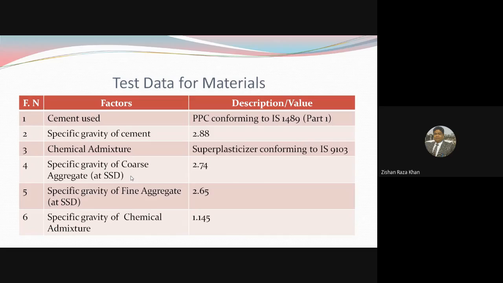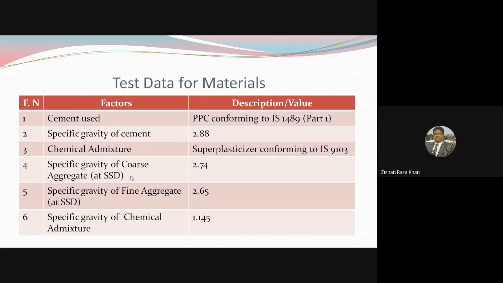So we do not want to disturb the water cement ratio. So we consider the specific gravity of coarse aggregate and fine aggregate at saturated surface dried condition.